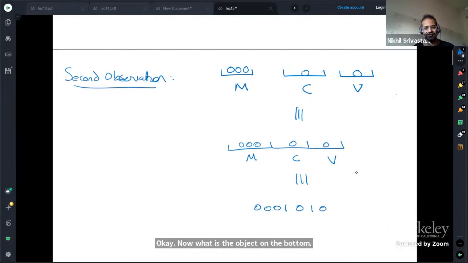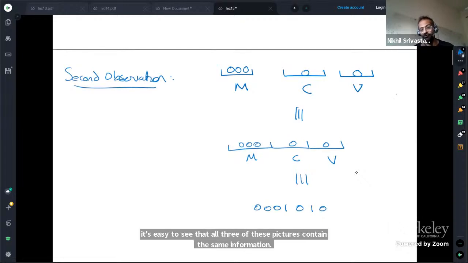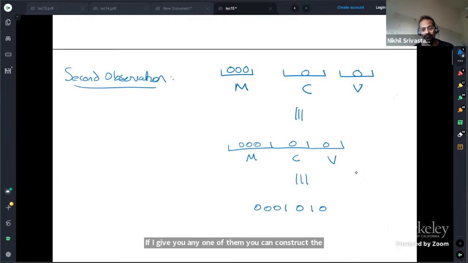So it's easy to see that all 3 of these pictures contain the same information. If I give you any one of them, you can construct the other 2 uniquely. Right. So the picture on the bottom, the ones tell you how many M's there are, how many C's there are, and how many V's there are, by just dividing the zeros into 3 different groups, and the total number is 5.